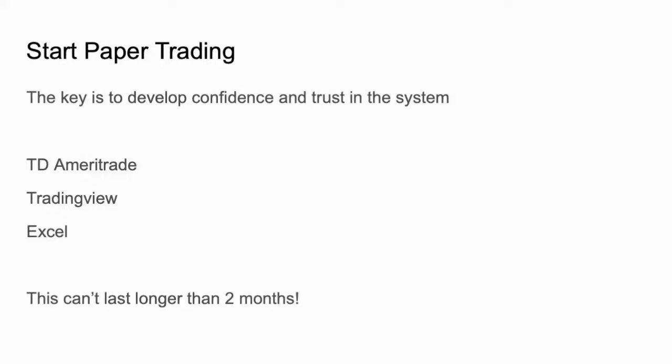All right, then we're going to start paper trading once we have our system built, once we have our checklist built, because we need to build confidence and trust in the system we just built, right? So hopefully in the first place, you're using a strategy that has already been back tested and proven to work. But in addition to that, you need confidence in the system yourself.